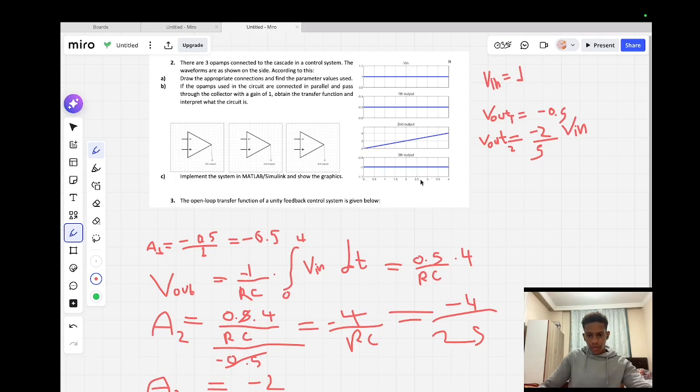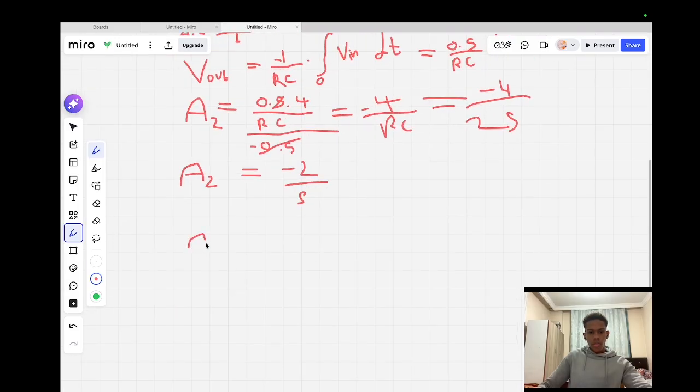And the third one, the Vout equals minus 1. So AV3 equals minus 1 over 1. So it will be minus 1.